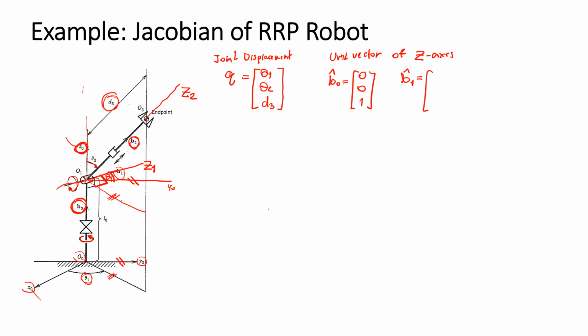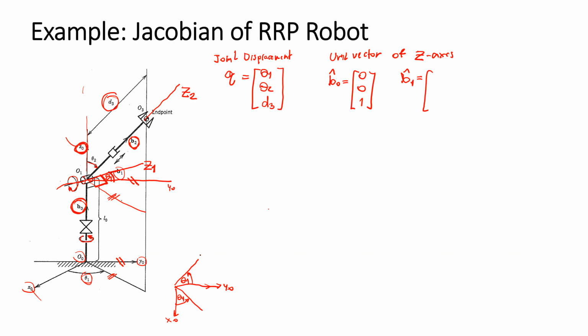If we look from the top view, we have x0, we have y0, and at the origin, z1 points in this direction, but after that, we rotate by theta 1.